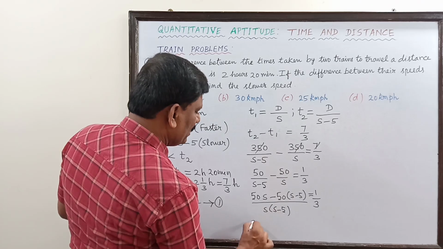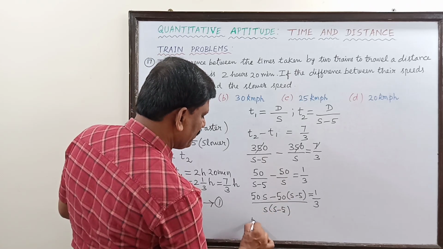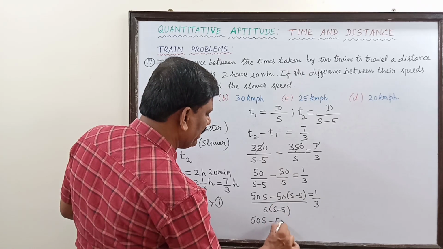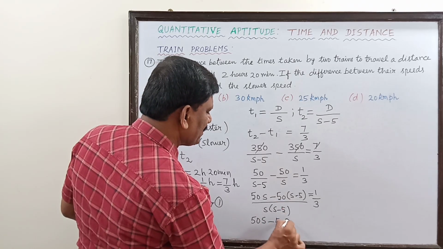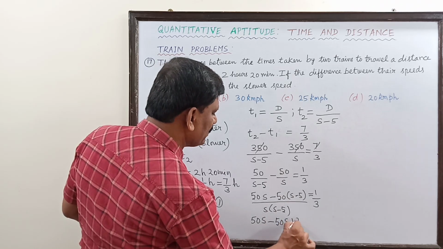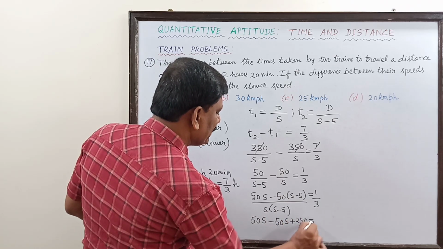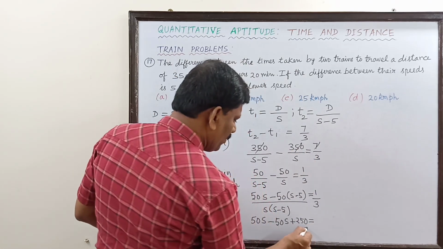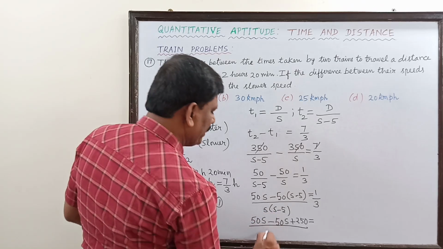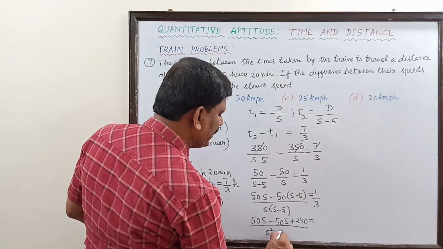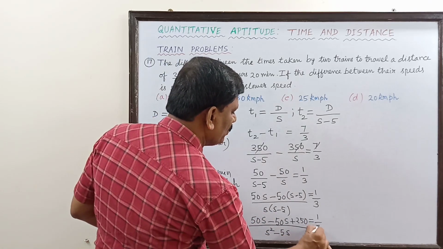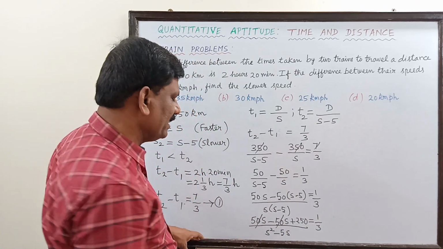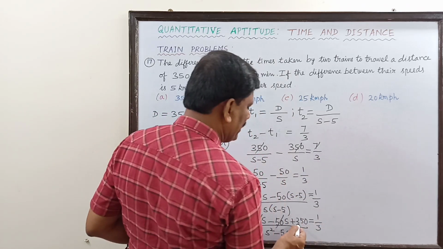Now we open the bracket here. This is 50s minus 50s, and minus into minus is plus, so plus 250, is equal to s into s minus 5, which is s square minus 5s, and this is equal to 1 by 3. Now the 50s and minus 50s get cancelled. The remaining term is 250.